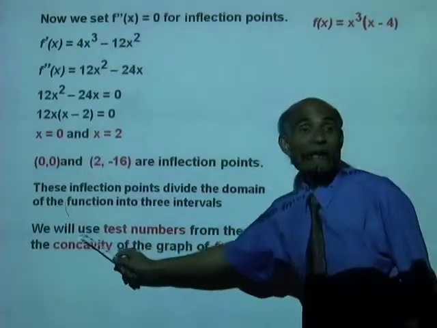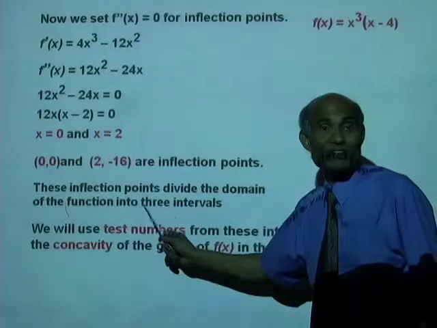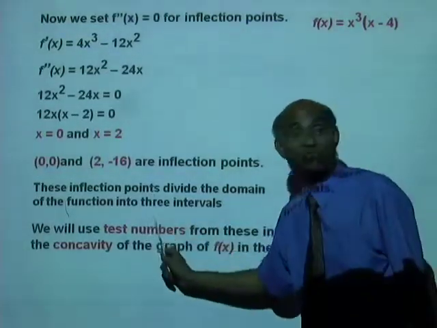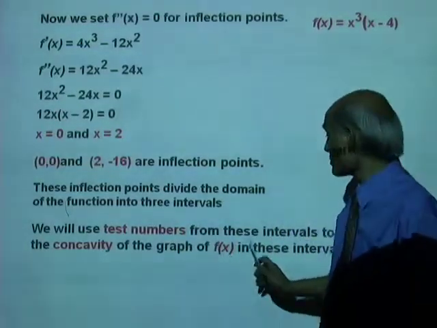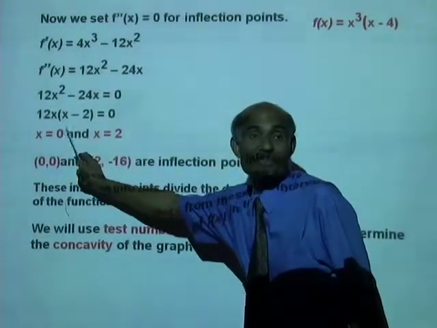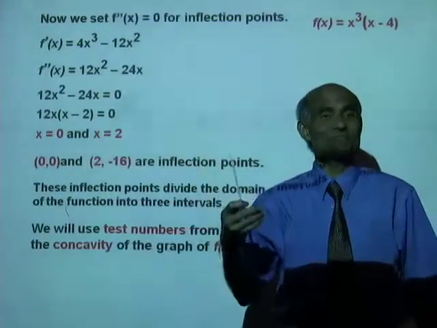What we will do again, we will choose test numbers. Remember, we are doing the second derivative test. We choose the test numbers and use those test numbers on the second derivative to see if the second derivative is positive or negative.